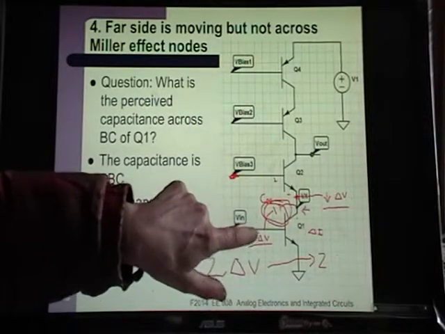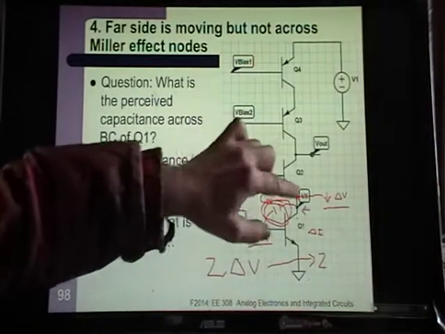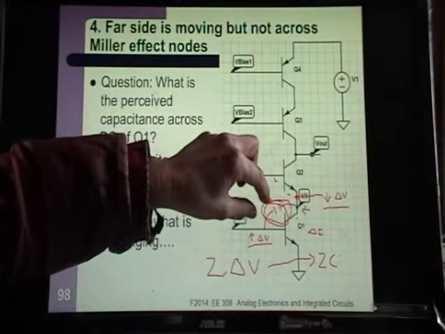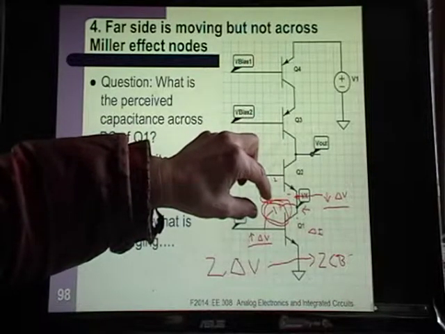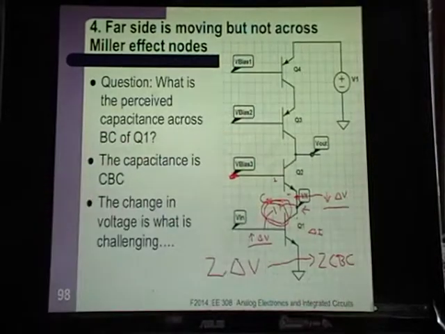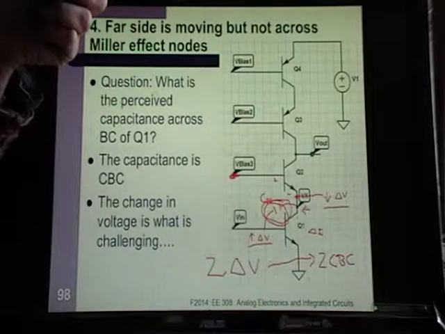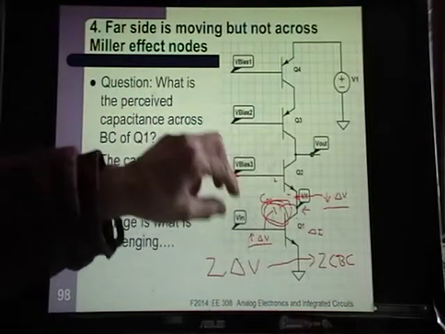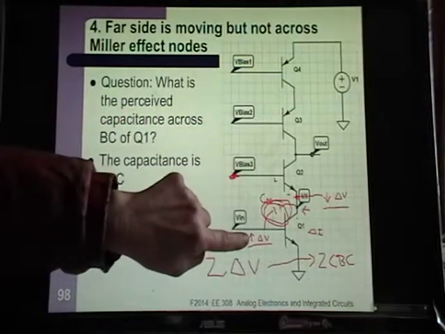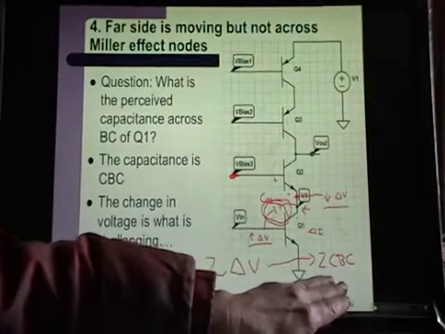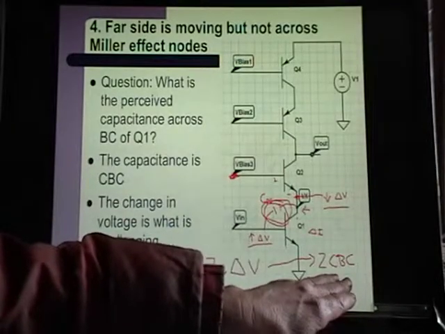If you're sitting on V in and you move this side delta V, the other side moves delta V also. If you're sitting on V in, this capacitor right here looks twice the size. You moved your side delta V, the other side moving the opposite direction in delta V. You've got actually twice the voltage change that you've given it across that capacitor, so the capacitance looks twice as big.